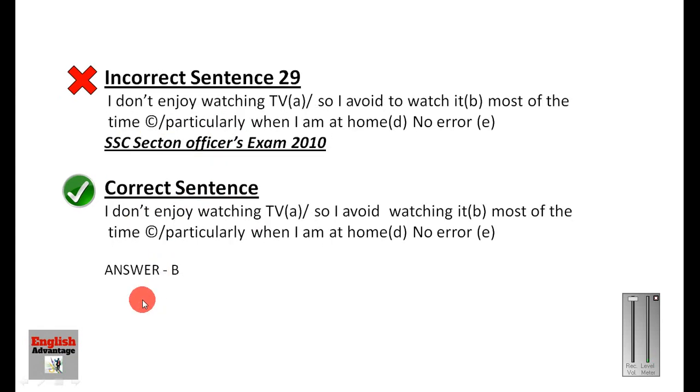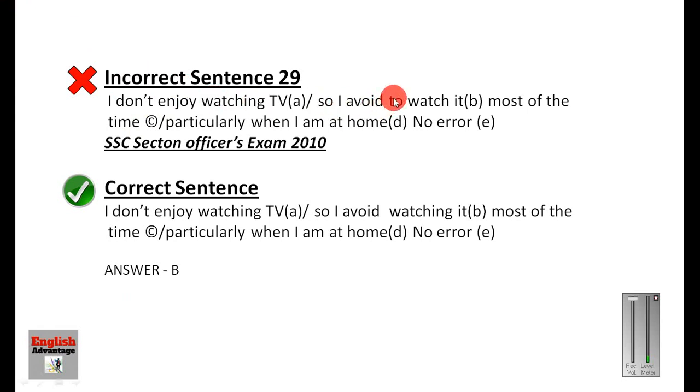Now let us see the next sentence. I do not enjoy watching TV. Enjoy is always followed by the ing form of the verb, and so is avoid. There are certain verbs in English which are always followed by the ing form of the verb, like enjoy, avoid, miss, practice, finish. These words are always followed by the ing form of the verb.